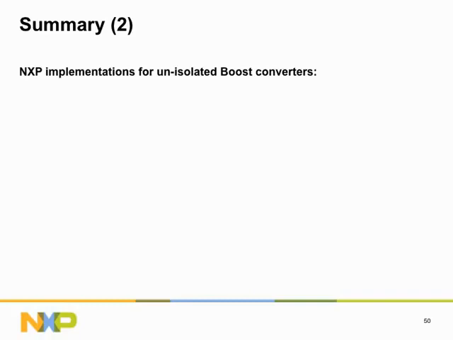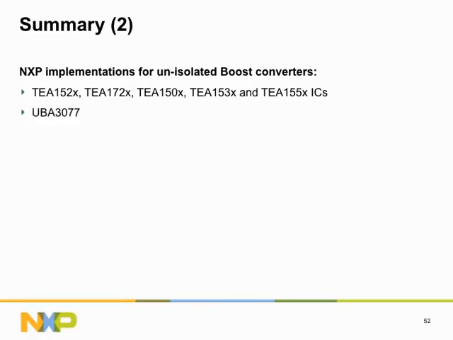Boost converters are less often used in power supply applications as a standalone circuit, but NXP ICs that can be used for controlling a boost converter are the same ICs as the controllers for buck and buck boost. Next to that, a dedicated boost converter IC for driving LED strings is available, UBA3077.